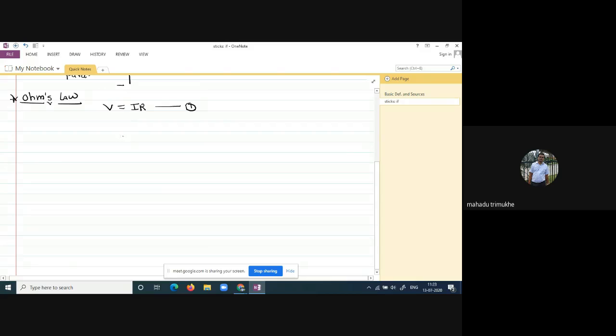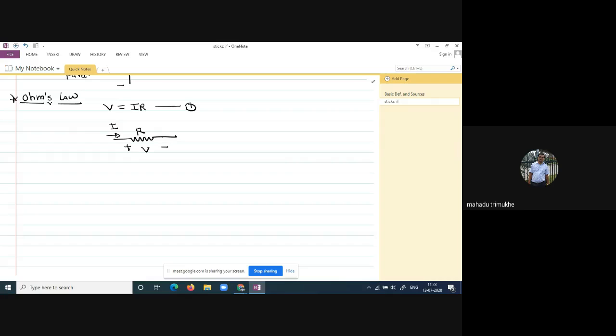Suppose you take the example over here, this is your resistor having resistance R. The current flowing through the resistor is I. Here the polarity we have given positive to negative. This is the circuit symbol for a resistor with voltage and current flowing through it, right?